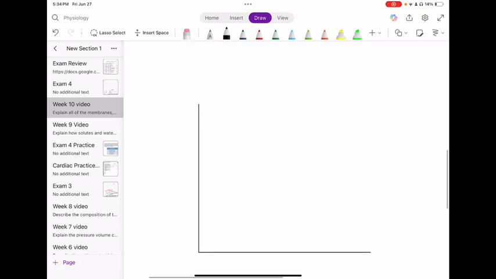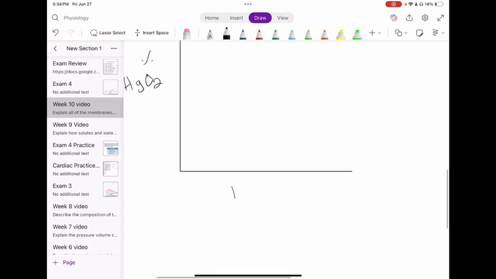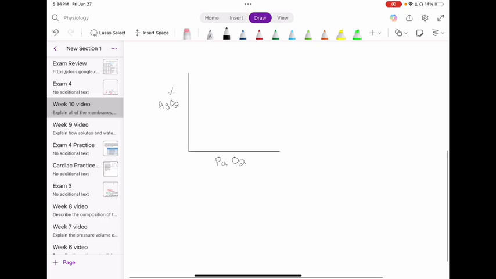We have the graph, we have the hemoglobin O2 levels, and then we have the partial pressure of oxygen. So this is what a normal curve will look like. Kind of come up and plateau.